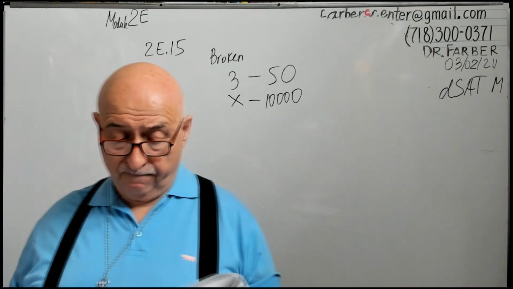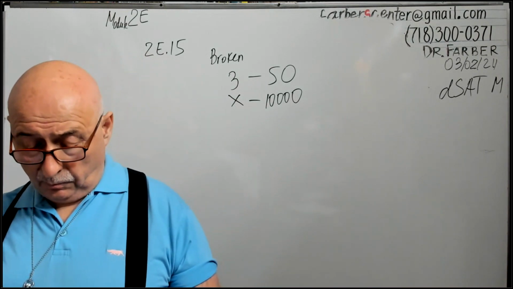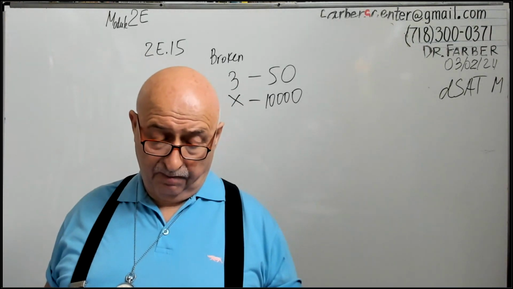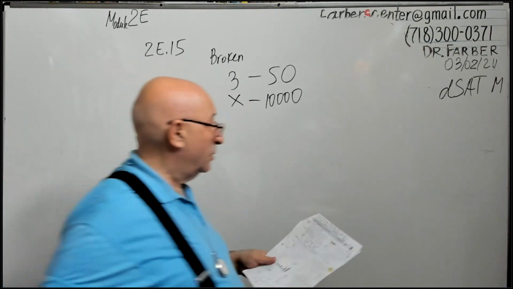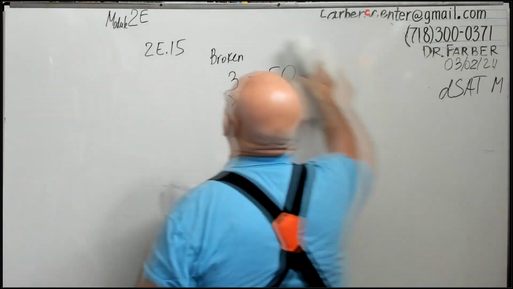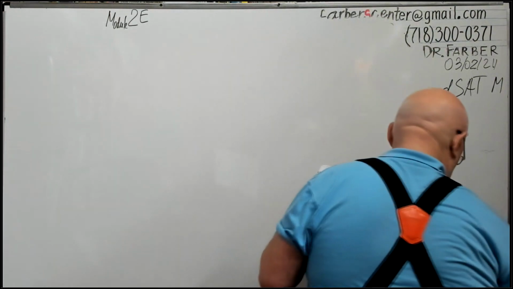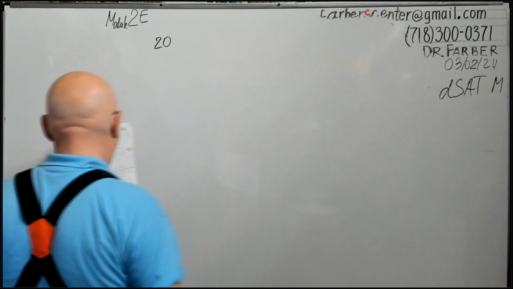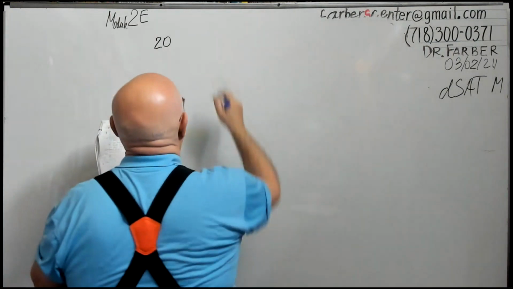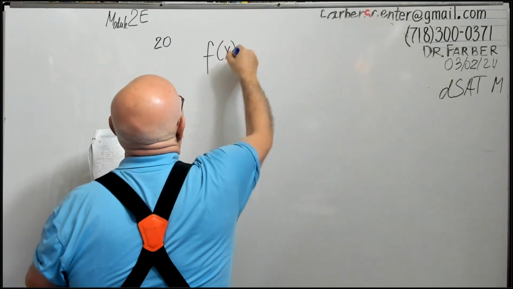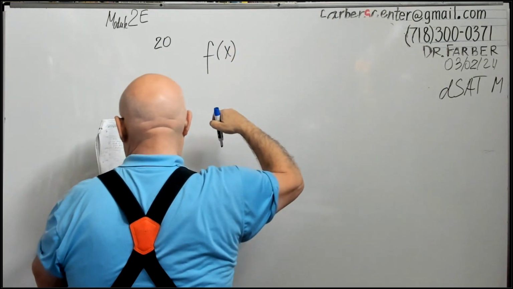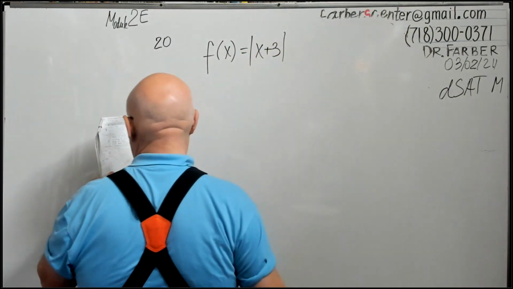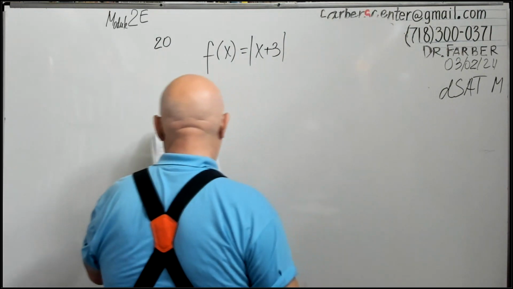Okay. Number 20, many students ask. Number 20. You have f of x equals absolute value of x plus 3 minus 7.